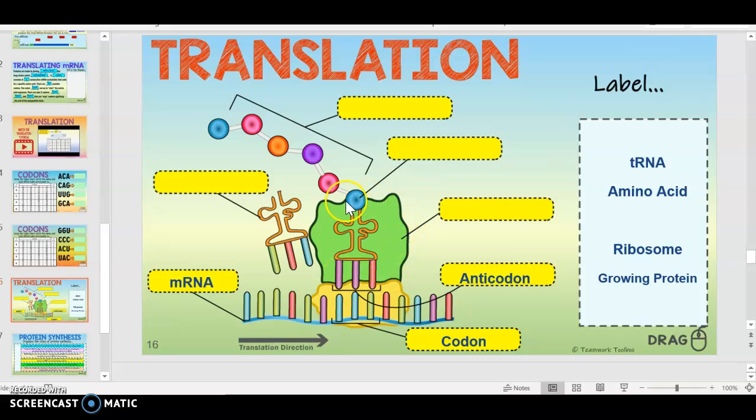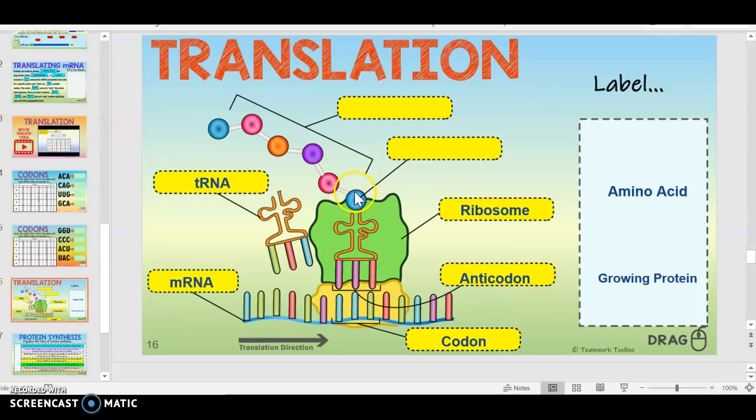So this big blob that everything is at is an organelle. That organelle is the ribosome that it goes to, because ribosomes make proteins. That's what we learned when we did organelles. This molecule that is T-shaped in the middle and has the anticodons in it that also have a T, that is your tRNA.